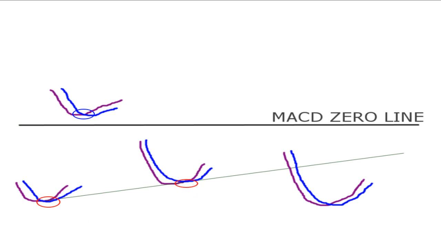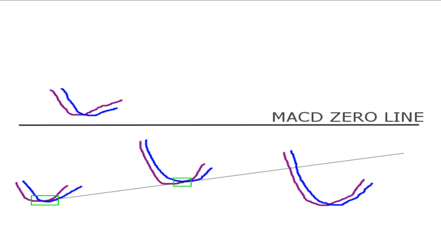And of course, the zero line is this line that I'm drawing here. So the crossovers that people should pay attention to are the ones above the MACD line of zero, and don't give too much weight to a crossover if it is trading below zero, because those ones are not as powerful.